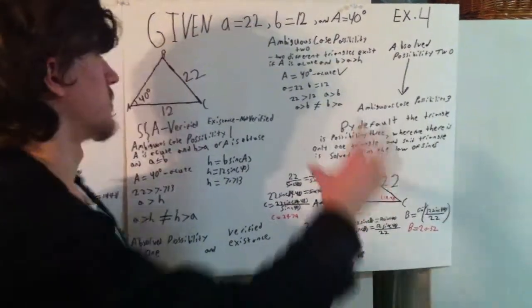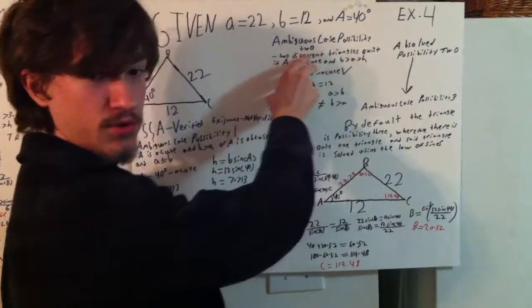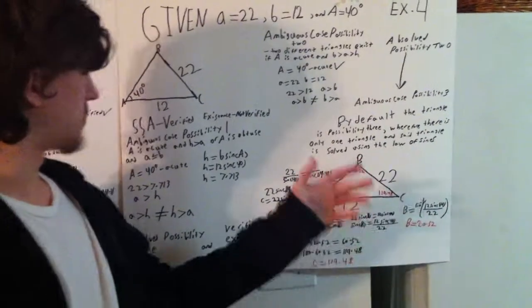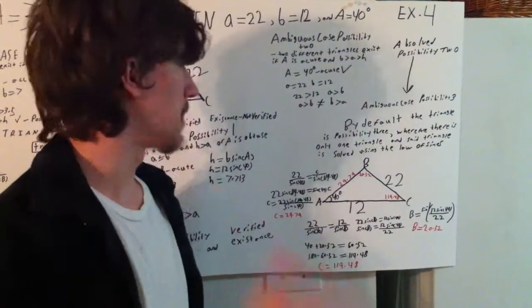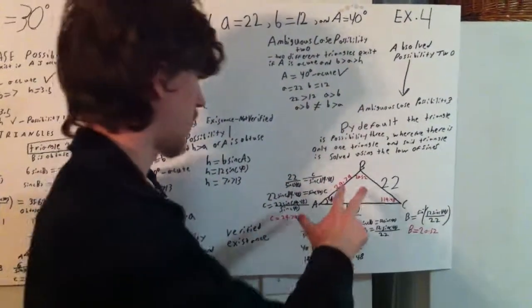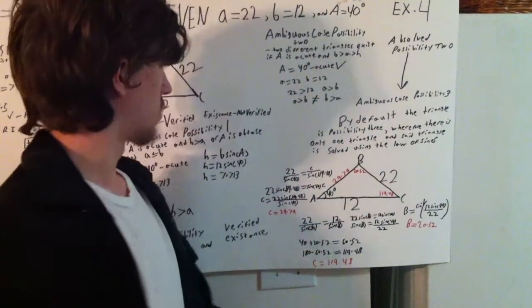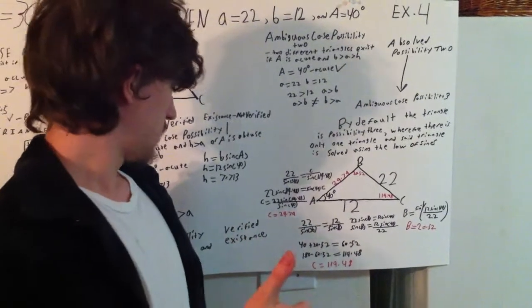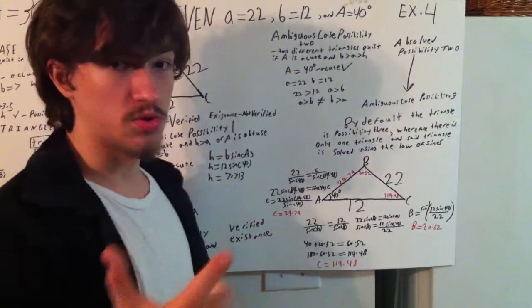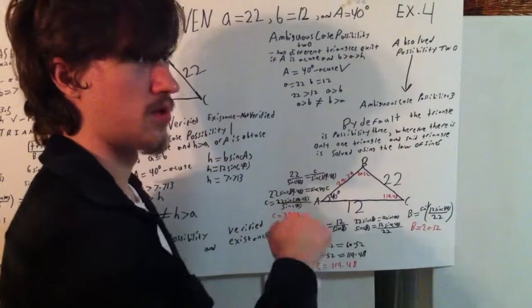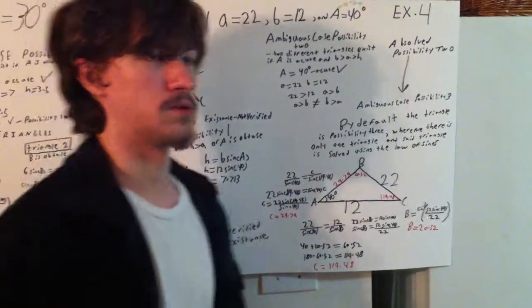And as a consequence, we have absolved this possibility, and by default of absolving both possibilities 1 and 2, we have to conclude that the triangle is possibility 3, in which only one triangle exists, and the said triangle is solved by using the law of sines as shown previously.